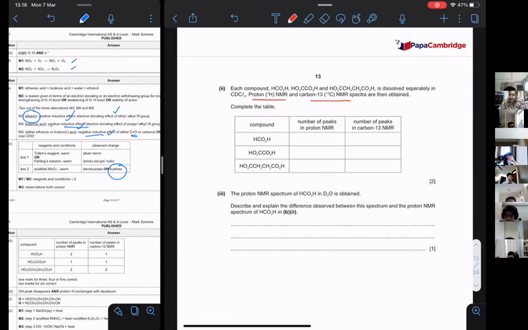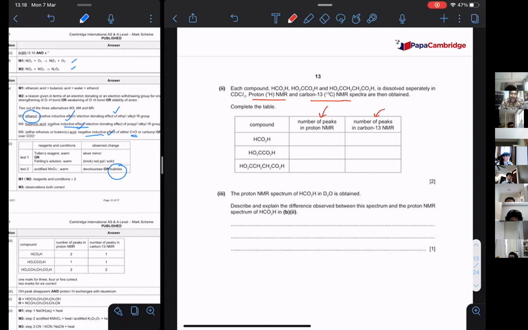They ask how many peaks can be obtained in proton NMR and how many in carbon-13 NMR, so we need to find out. This one uses CDCl3, so they are not using D2O. So nothing will disappear.